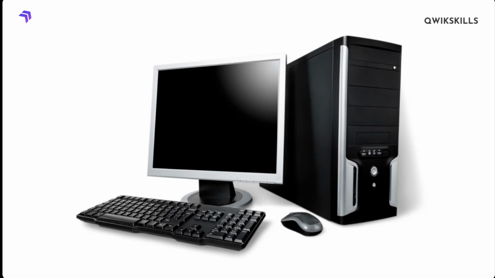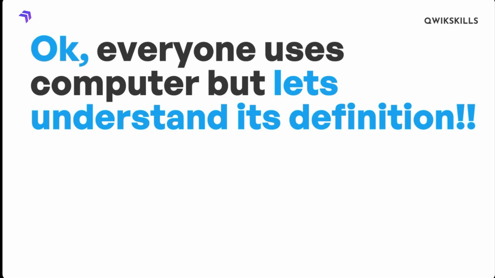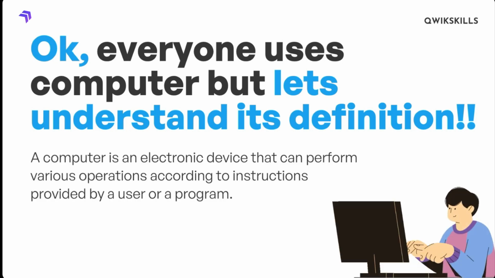Computer is everywhere, and what we have to do is understand the definition of what this computer is actually doing for us. So a computer is an electronic device that can perform various operations according to the instructions provided by a user or a program.